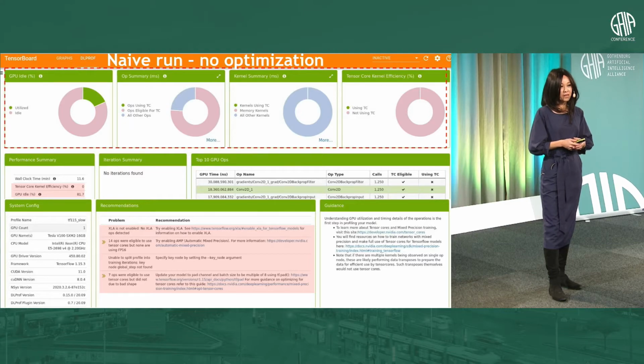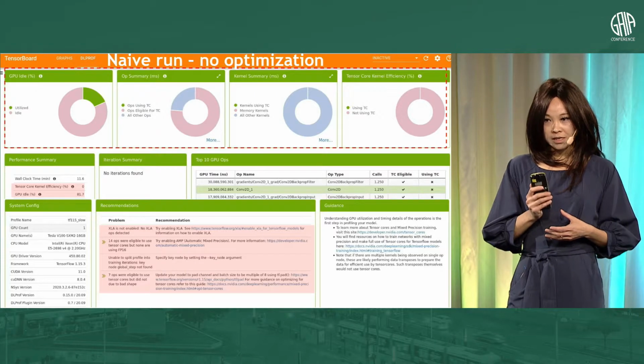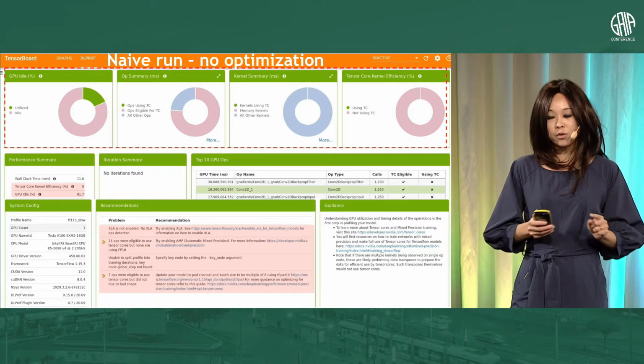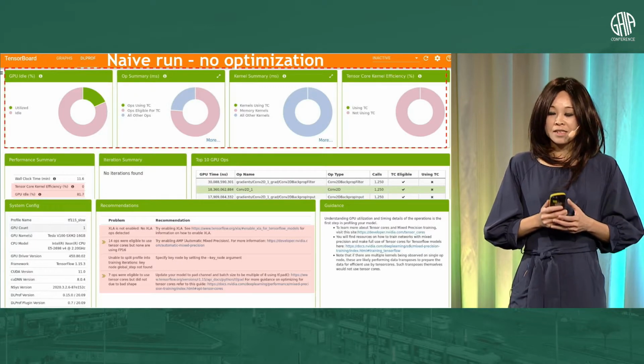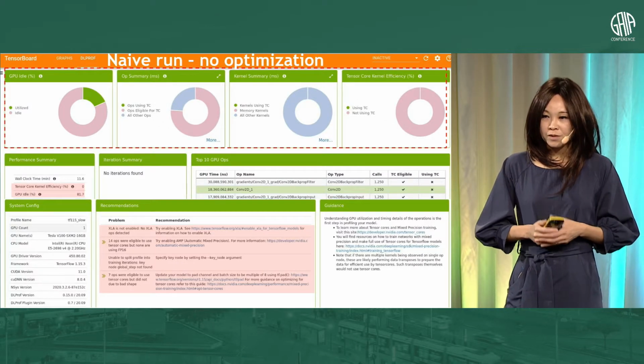This is exactly what we're going to wrap around and take actions upon. The first two things are to enable XLA and enable AMP. We're going to talk in detail about this as our first action. We group these two into the first action. And the second one is to tag the key node.